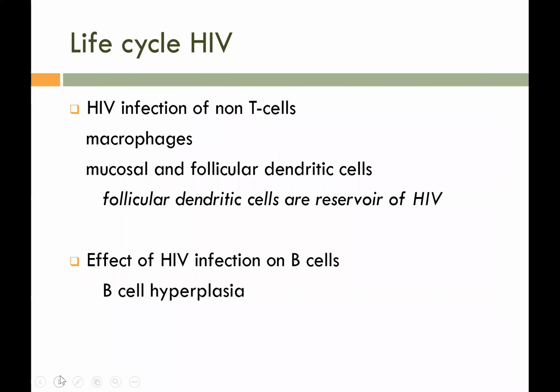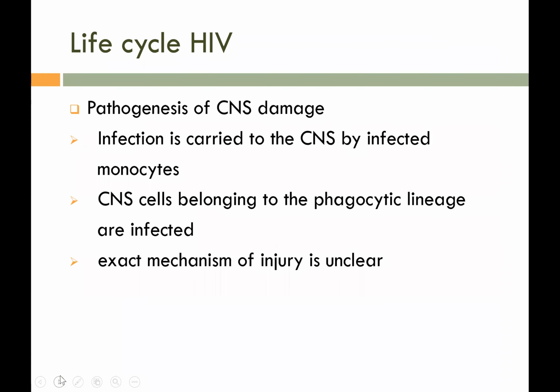So with all of this, we are expecting that the T and B cells, particularly the T cells, are expected to go down. As I have said, the CD4 level is something that you should closely monitor.